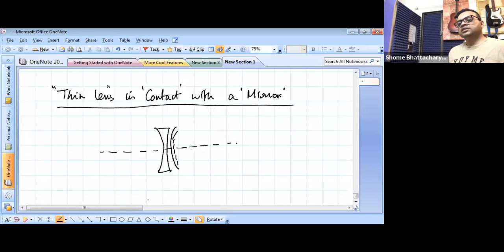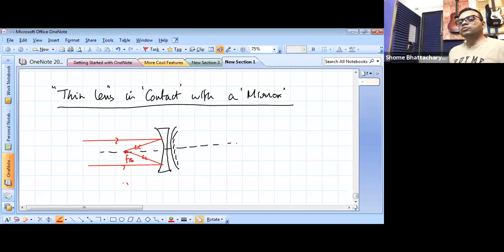So light which is incident like this will suffer refraction, reflection and refraction. And let's say finally the emergent light comes back like this. So this will become the equivalent focal position.